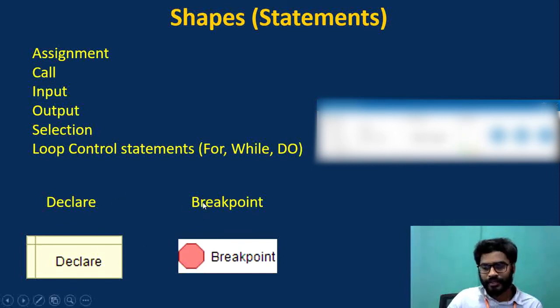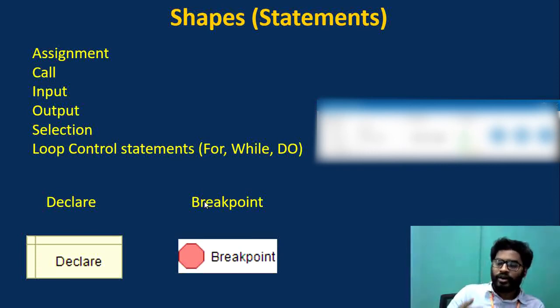You can halt the execution of your program temporarily and go through the status of each and every variable, and what value is held by each variable. If you have many statements in your algorithm, you can stop execution at some point temporarily using a breakpoint, and then continue after that.